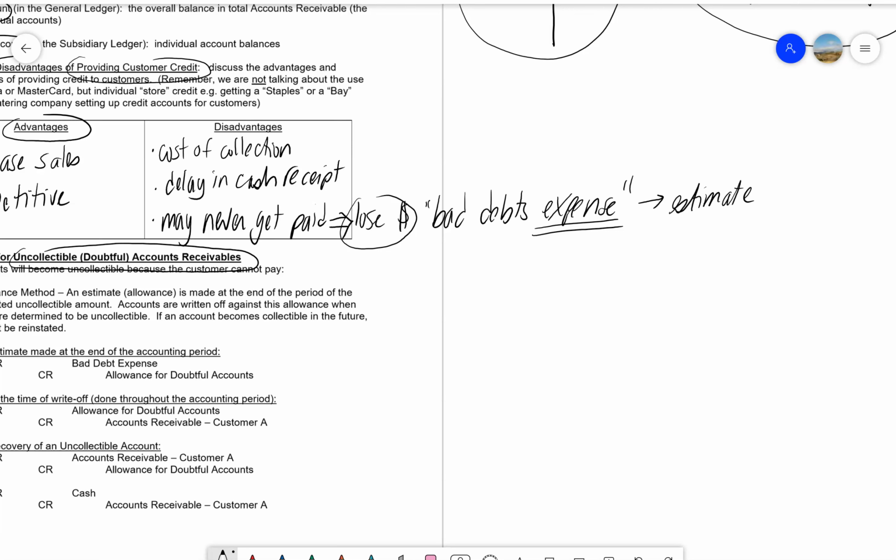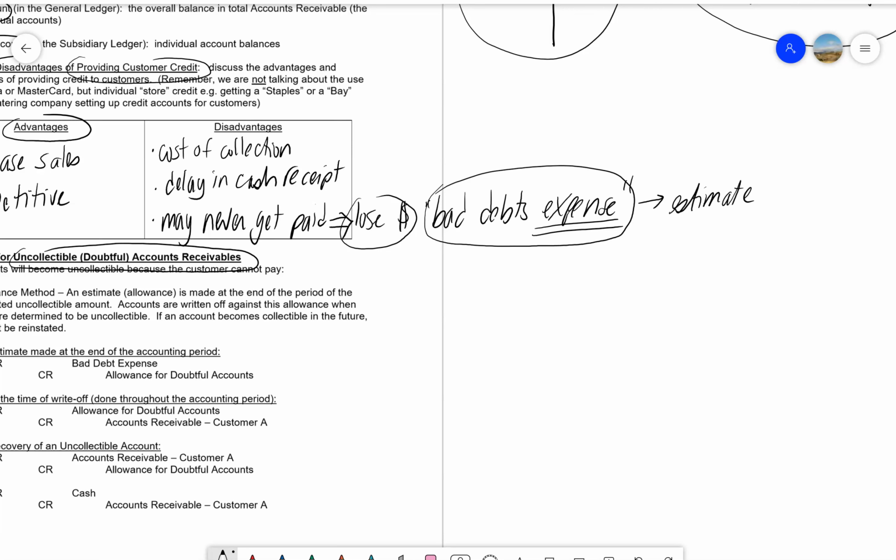And so when we record this new expense called bad debts expense, we have to record that expense in the same period that the sale was generated. So if we made the sale in the year 2020, then all those credit sales in the year 2020, we're going to have to record an amount called bad debts expense that estimates the amount that we think we may never collect.